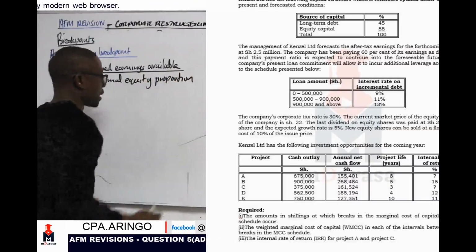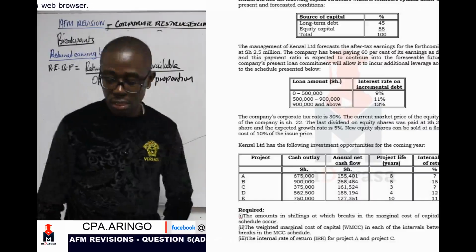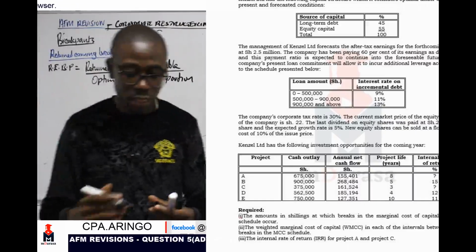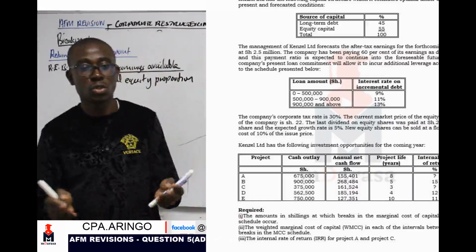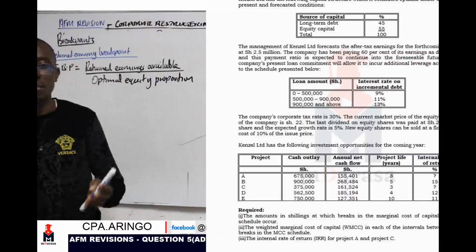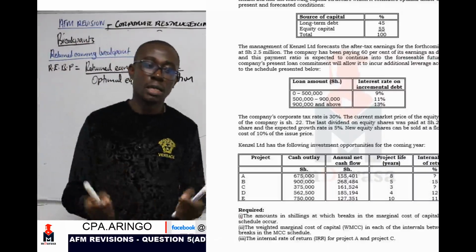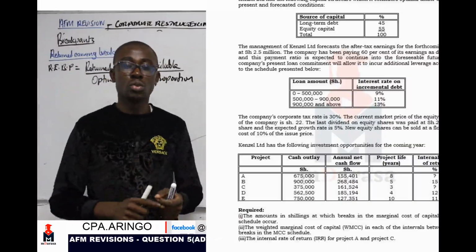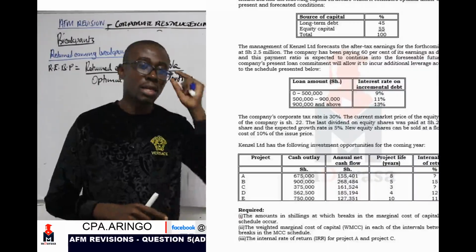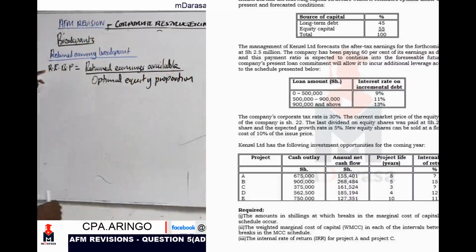Again, you should always remember that in this context, we normally tend to assume that even in raising these new additional funds, we should try as much as we can to maintain our existing capital structure. That is what we normally tend to talk about, and that is what we said in our classes. So in our case, in the event that I'm required to determine the retained earnings breakpoint here, I should be able to identify what are the retained earnings available.